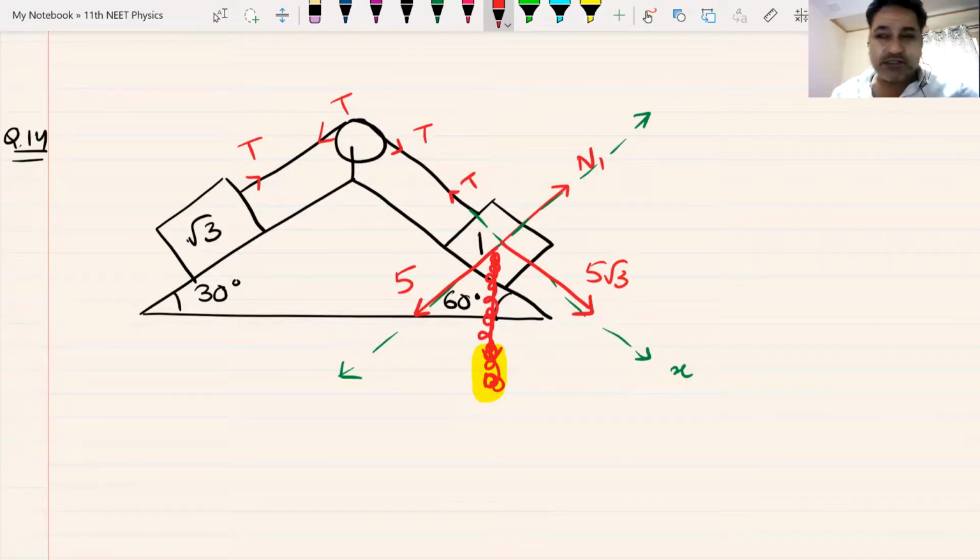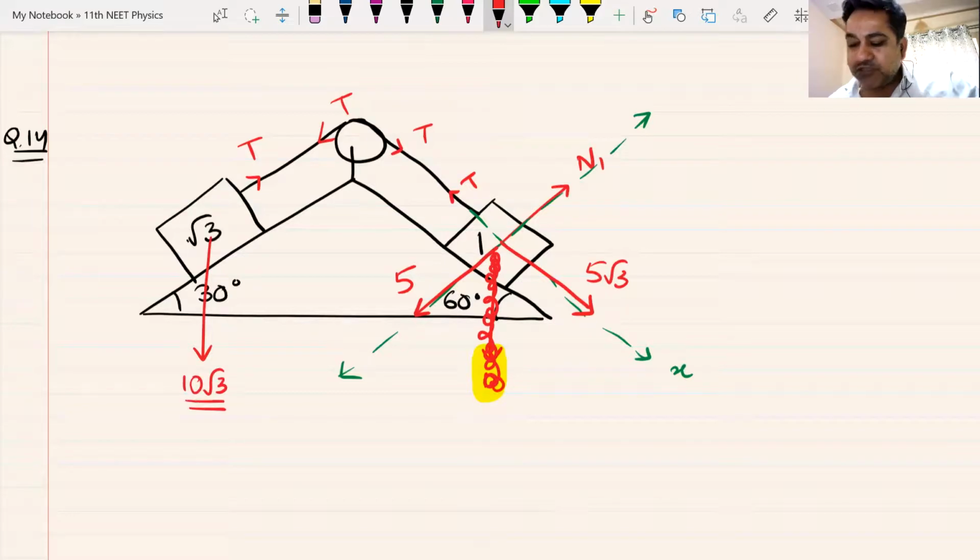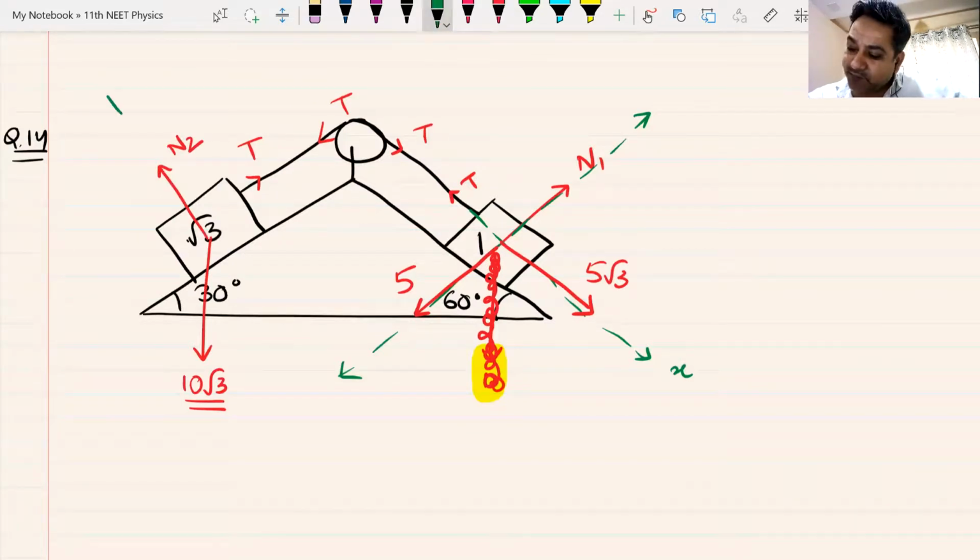I turn my attention now to the root 3 kg block. 10 root 3, mg, is the force here. Normal reaction N2 goes upwards. Again, I must realize that for this block the y-axis will be like this and the x-axis like this.